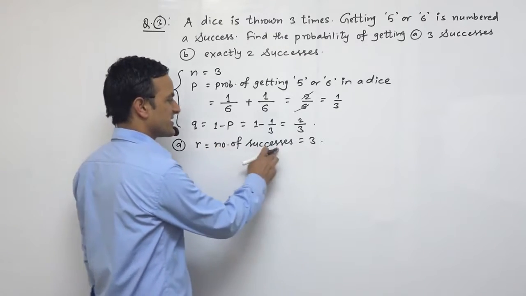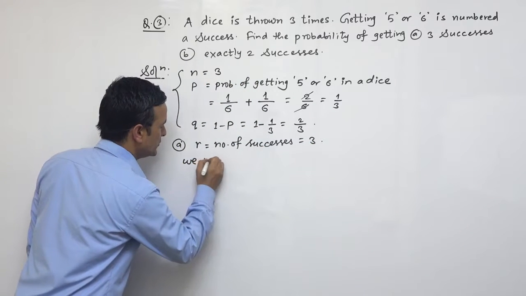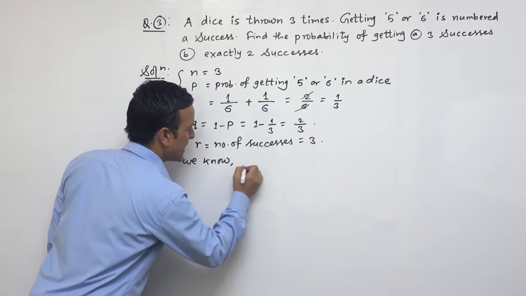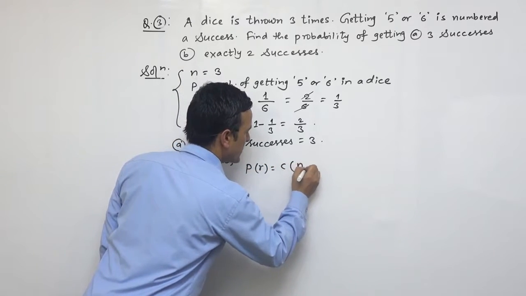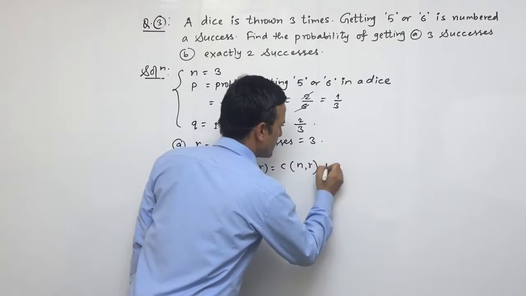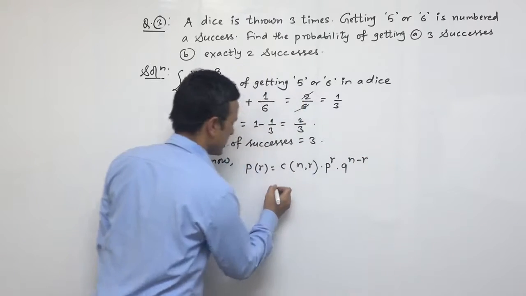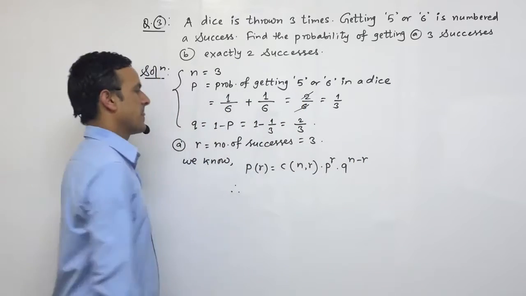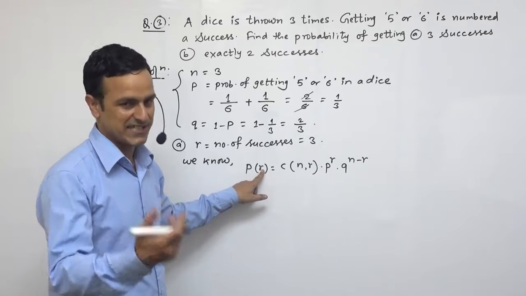What are the required successes? So the required event is 3. That's why we can use the formula P(R) is equal to C(N, R) P power R Q power N minus R. So this is the formula to find the probability of R successes.